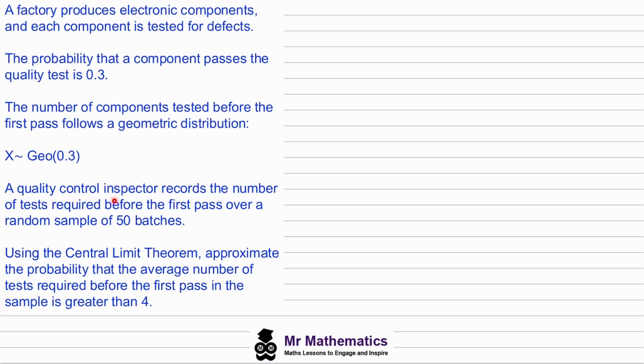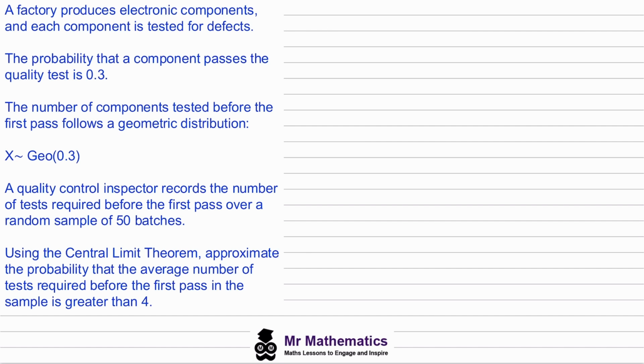A quality control inspector records the number of tests required before the first pass over a random sample of 50 batches, and using the central limit theorem, approximate the probability that the average number of tests before the first pass is greater than 4. So perhaps you want to try this question yourself. You can pause the video and come back when you're ready.